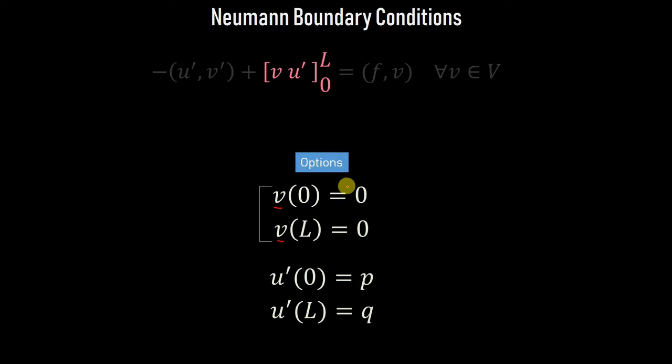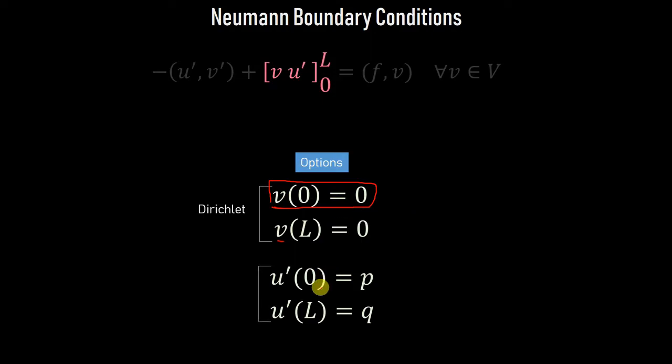Now, these terms satisfy the Dirichlet boundary condition. For example, if the Dirichlet boundary condition is specified at 0, then this term v(0) would be 0. If it is specified at L, then this term would be 0. If both, then both would be 0. If none of the Dirichlet boundary conditions is specified, then these need not be 0.